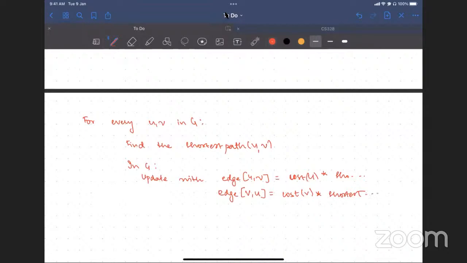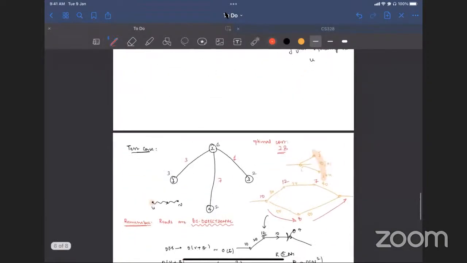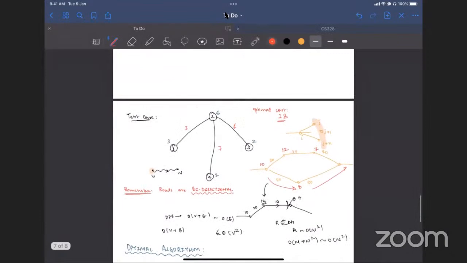So this is G dash. This is the directed graph, and this will be complete. By complete graph, I mean between every two vertices, it will have an edge. Is this clear? Yes, sir. Okay, perfect.